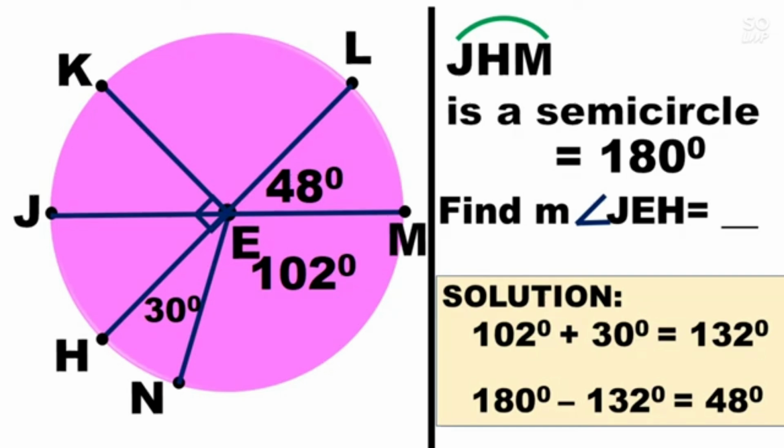So, ang gagawin natin, yung 180 degrees, ima-minus natin sa 132 degrees. Therefore, we have 48 degrees. The measure of angle JEH is 48 degrees. Okay? So, kung i-add natin yung 48 degrees, yung 30 degrees, at 102 degrees, it is equal to 180 degrees.